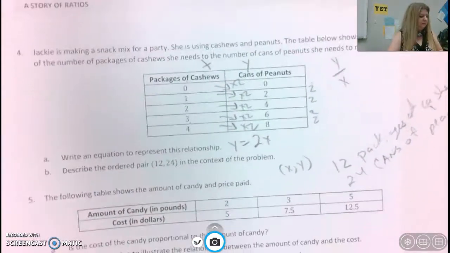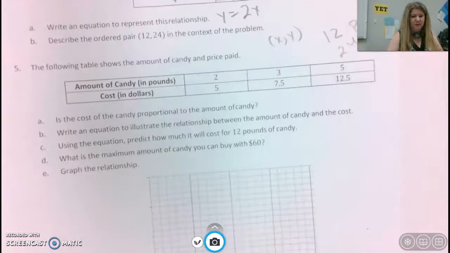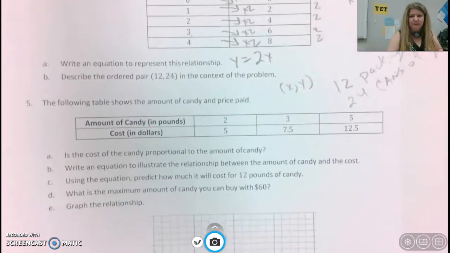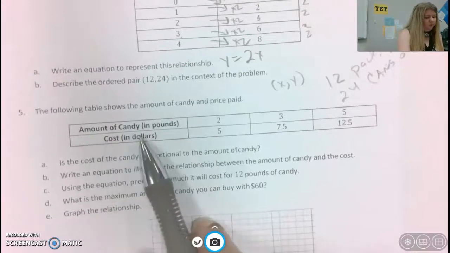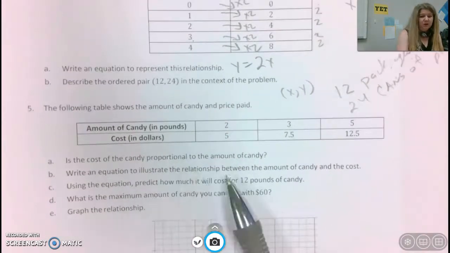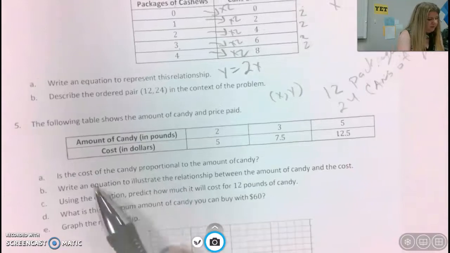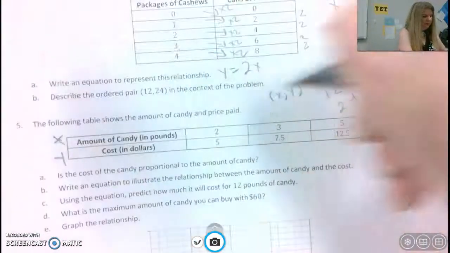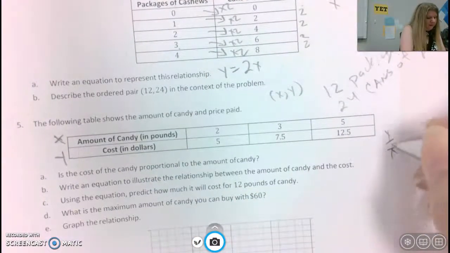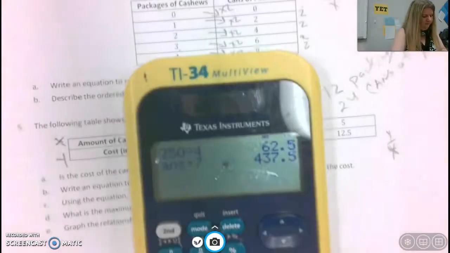All right. Last question. This one has quite a bit to do. Okay. Amount of candy in pounds and cost in dollars. So is the cost of candy proportional to the amount of candy? So we have x and we have y. We're going to do y divided by x and see if we have a constant unit rate.